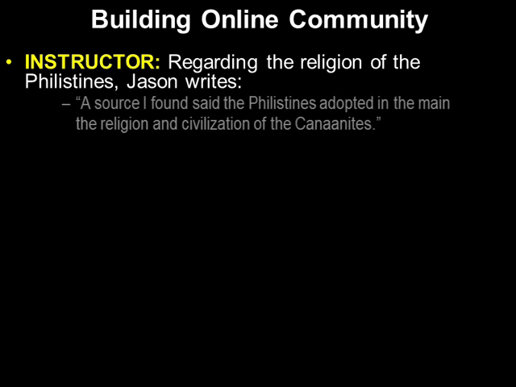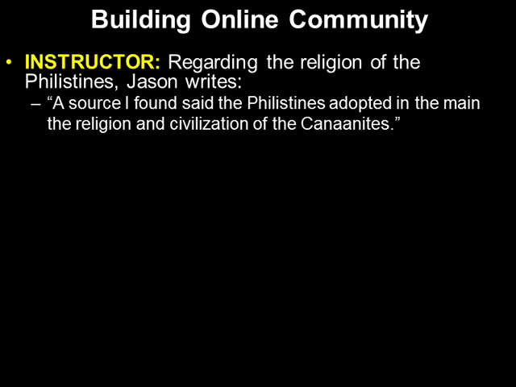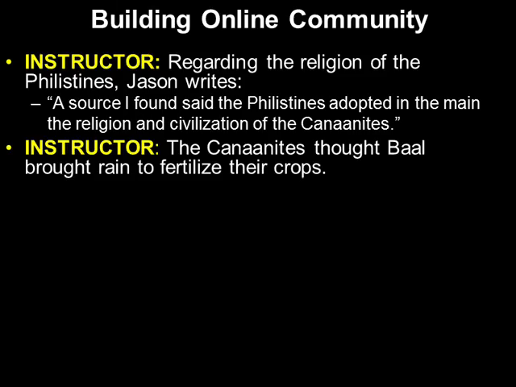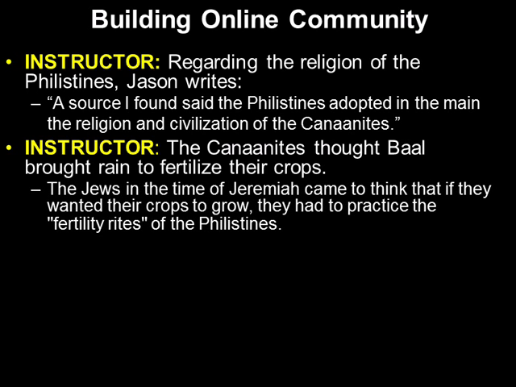Regarding the religion of the Philistines, Jason writes, a source I found said the Philistines adopted in the main the religion and civilization of the Canaanites. As a follow-up then, the Canaanites thought that Baal, the pagan god, brought rain to fertilize their crops.